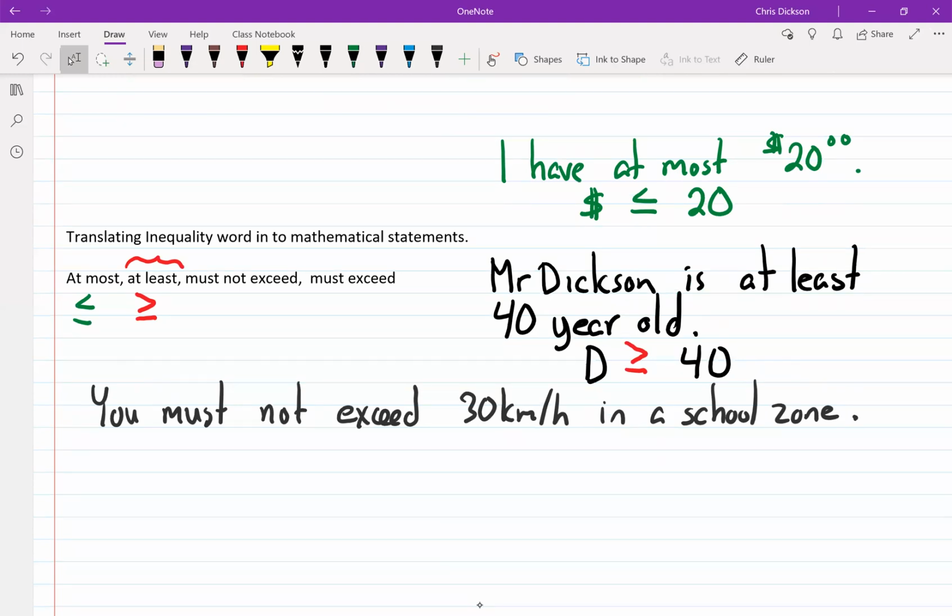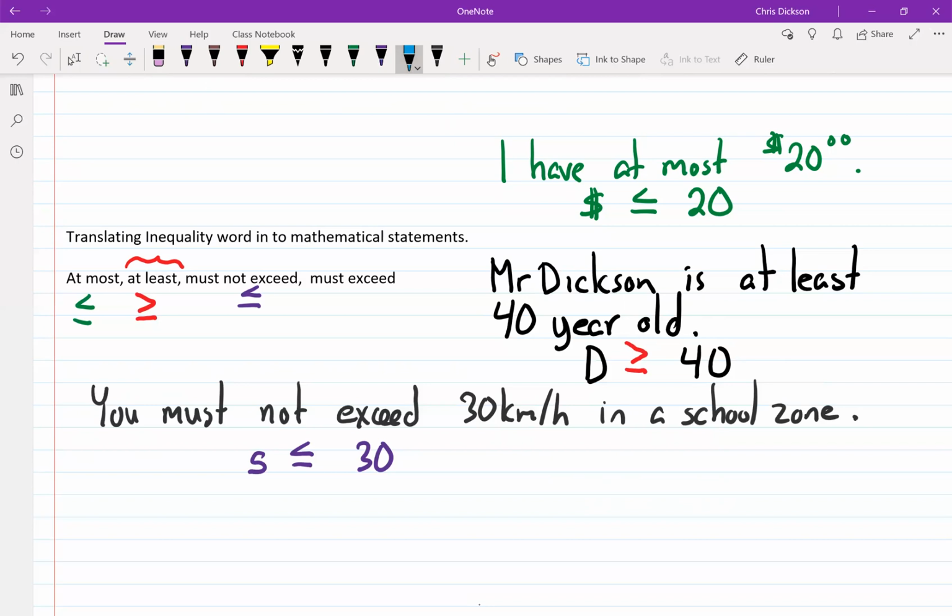So let's say your speed is S, and let's just use the number 30 to represent 30 kilometers an hour. So you must not exceed that. If you can't exceed it, can you go that speed? Well, if you exceed it, it means you're more than that. So as long as you are less than or equal to, you would not exceed that speed. So must not exceed would be less than or equal to.